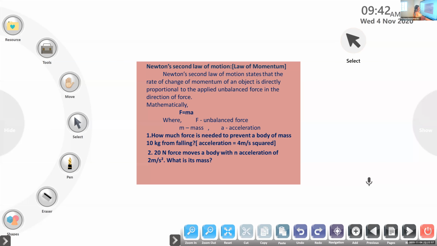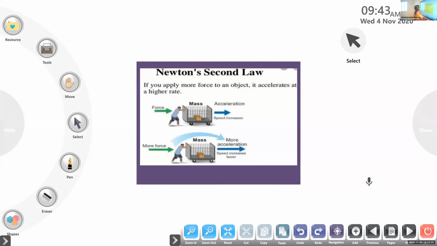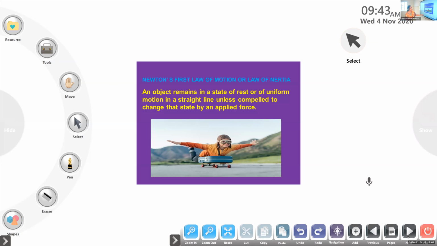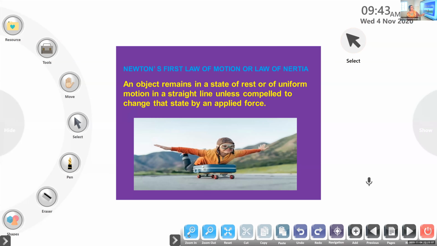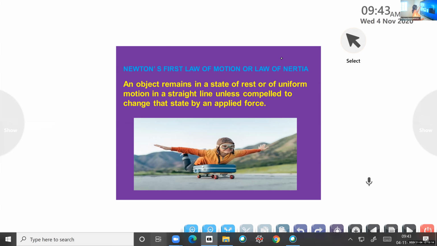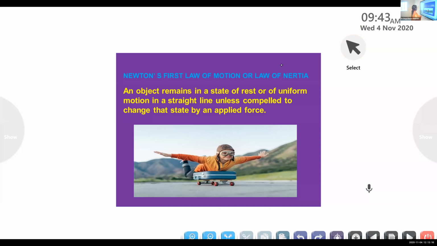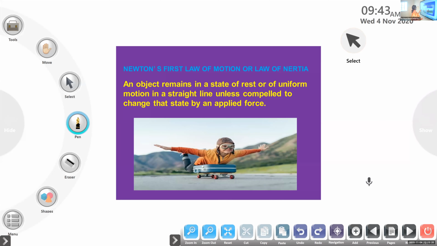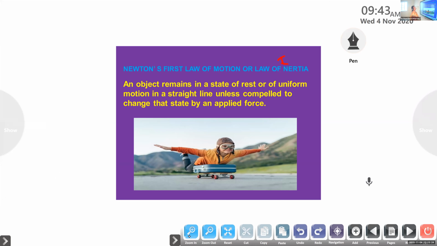A body remains in a state of rest or state of motion. So this is Newton's first law of motion. Those who want, you can write it down because we will need it in the future. Oh, one minute, children. Let me share it properly.